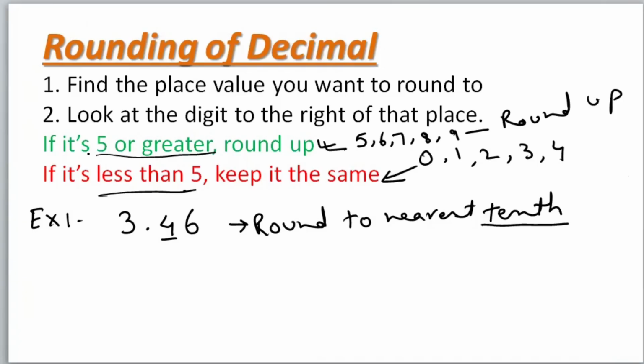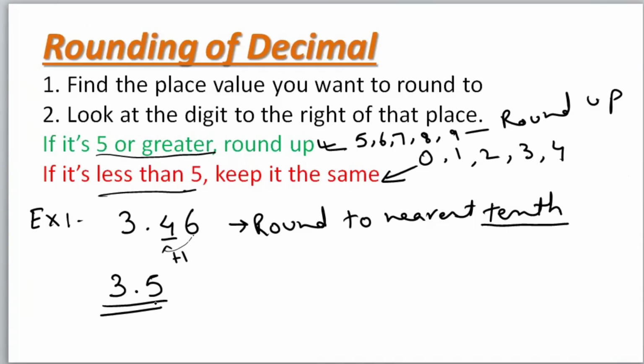It says if the number is 5 or greater than 5, then you have to round it up. Here 6 is greater than 5. So what do we have to do? We have to round it up. How will we round it up? We will add 1 to 4. It will become 3.5. This is the rounding of decimals.